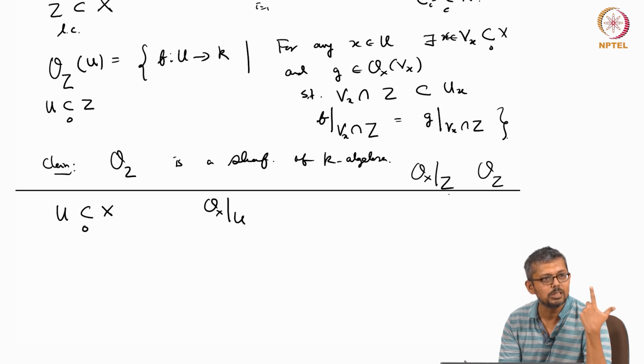If Z is a closed subset, for example, O_X restricted to a point does not have the sheaf property.